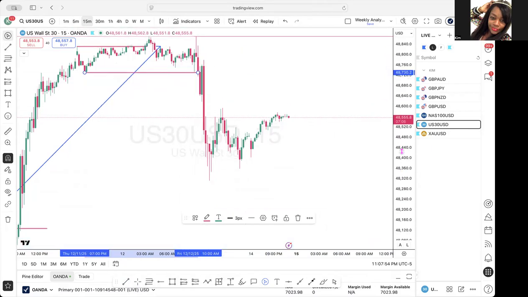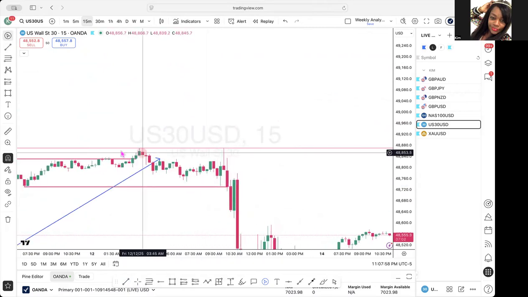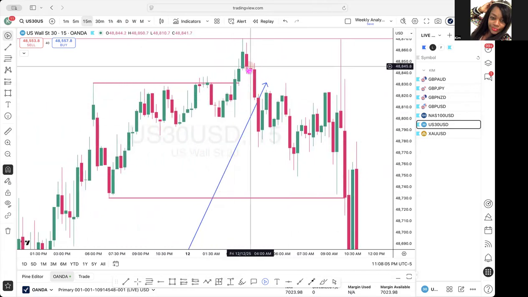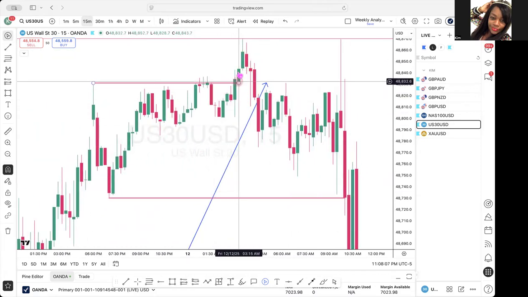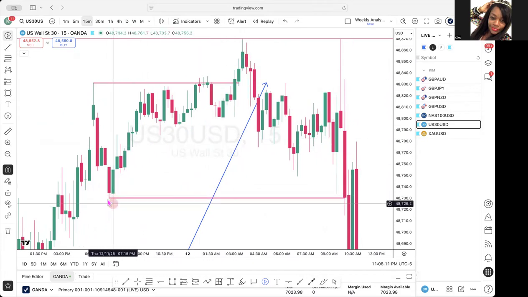Price already, oh, wait a minute, hold on. There might have been a little. Yeah, so price broke here. So that made this the swing low.